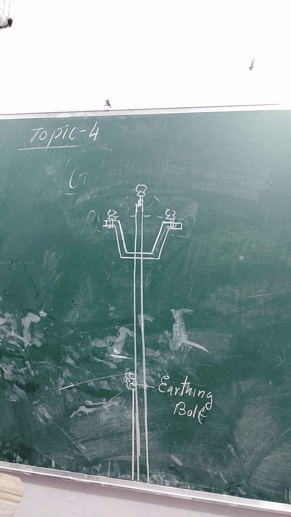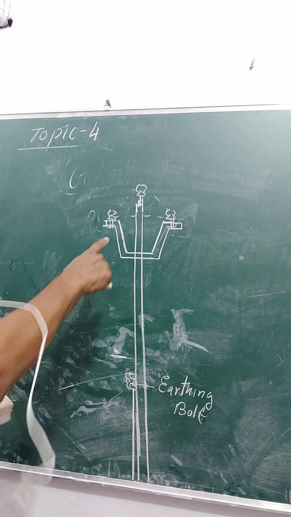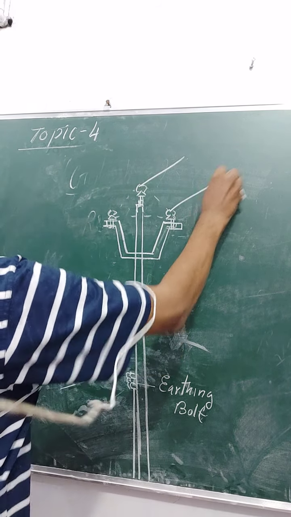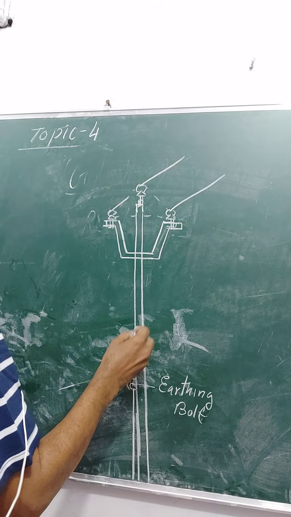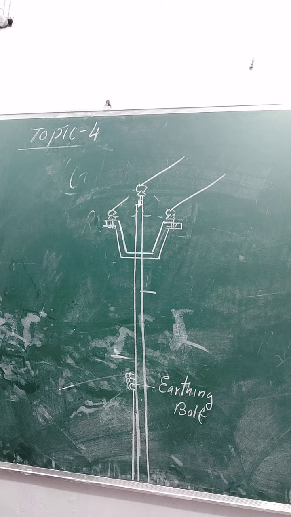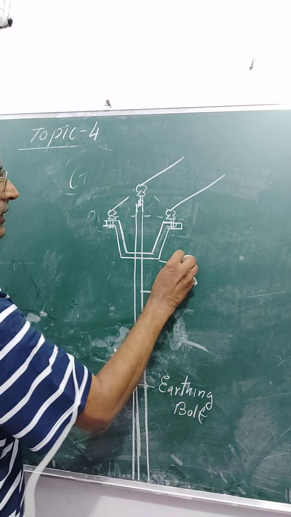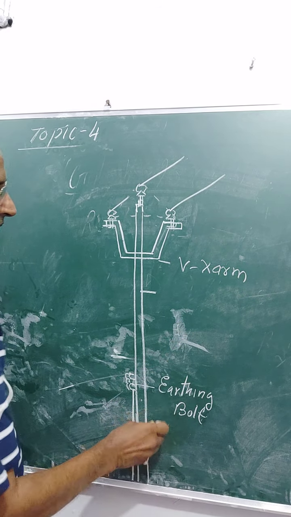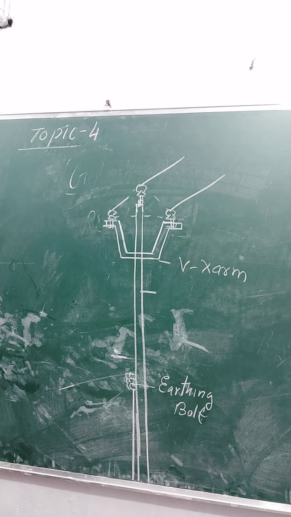You see this. In this line, this is the V cross arm. So the conductor will run over this, and this is an RH joist or PCC pole. This is the V cross arm, and this is the earthing bolt.